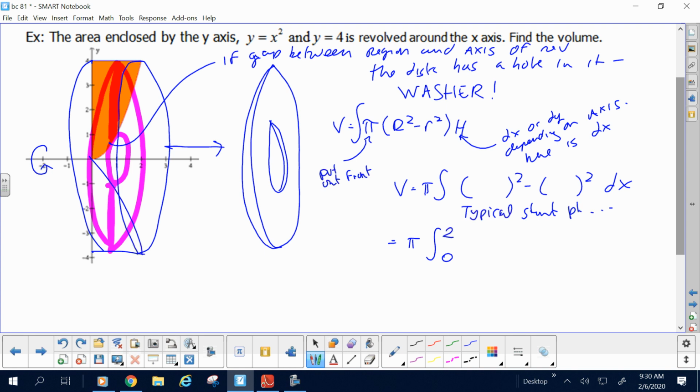Big R. Big R is the distance from the axis to the outer part of the area.